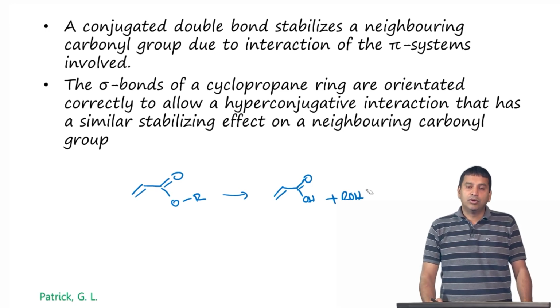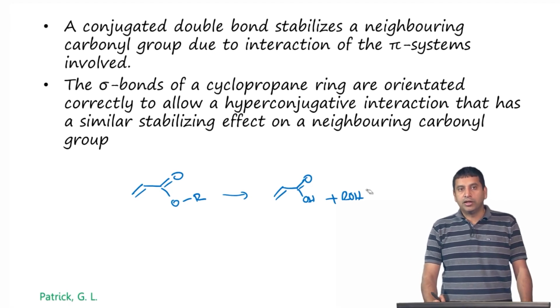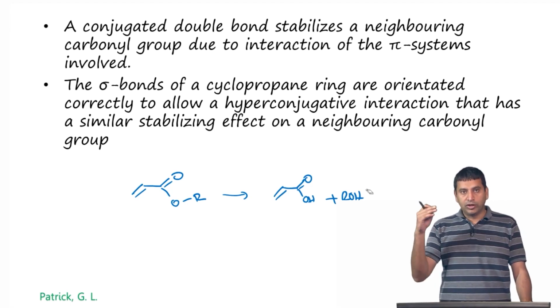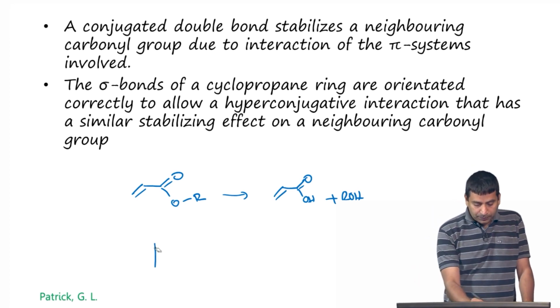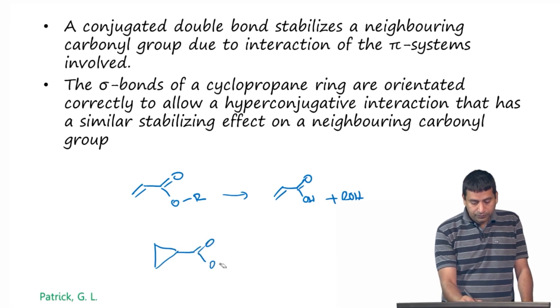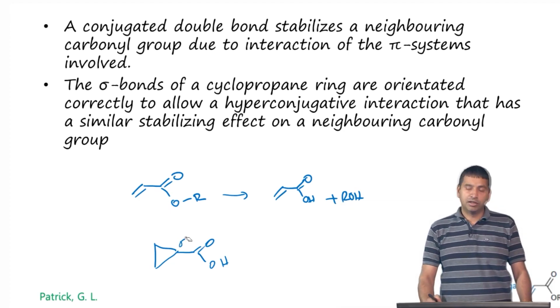Okay. Similarly, if you compare the conjugated alkene and the cyclopropane, in the cyclopropane the sigma bonds are oriented correctly to allow for hyperconjugative interaction. These are the sigma bonds, and this allows hyperconjugation to occur, and it is going to stabilize the carboxylic acid.